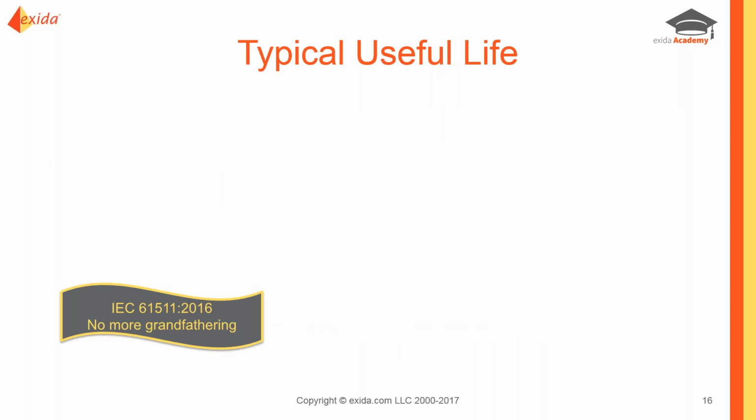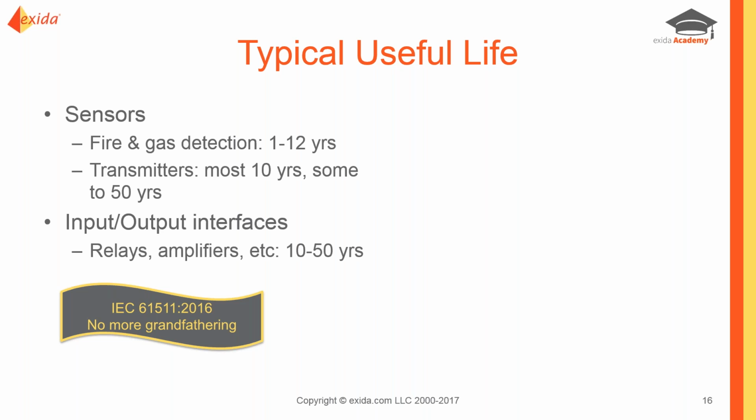So this brings us to the question that I mentioned earlier on the no more grandfathering allowance. When we start looking at the useful life of the devices, typically sensors and transmitters are highly electronic type devices. So while there are a few that have been qualified to a much longer useful life, most tend to run in the 10-year range.